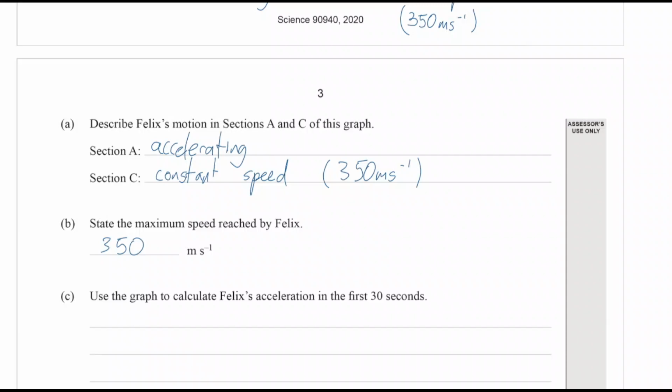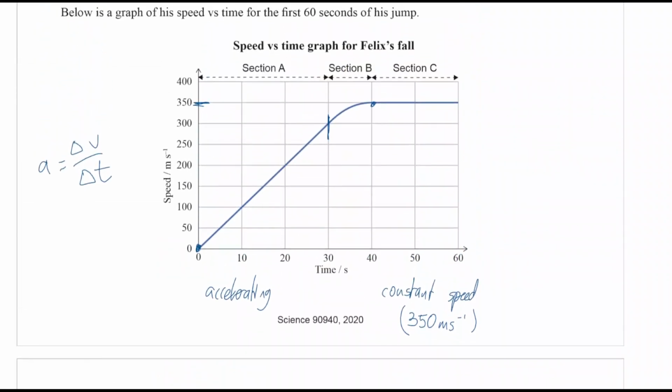Question C. Use the graph to calculate Felix's acceleration in the first 30 seconds. So first 30 seconds is section A again. And we know acceleration is the change in speed over the change in time. So acceleration equals, what is his change in speed in the first 30 seconds? Well, he starts at 0 and he gains a speed of 300 meters per second. So the change in speed would be 300 minus 0, which is 300, divided by the change in time.